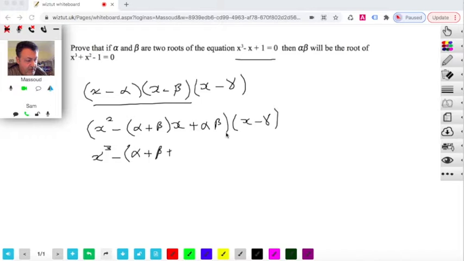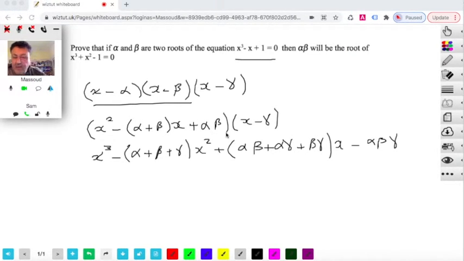We would get something like this: x cubed, and then the sum of the three roots with x squared, and then the sum of the product of the roots, alpha gamma plus beta lambda, times x, and then the product of all three roots, alpha beta.